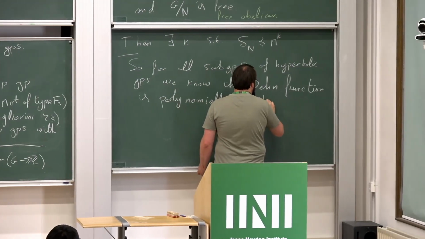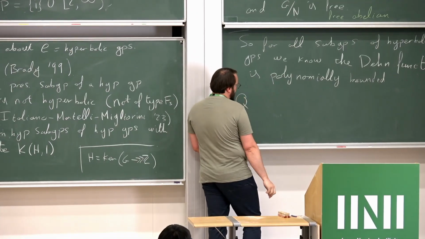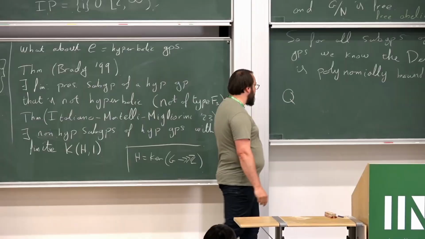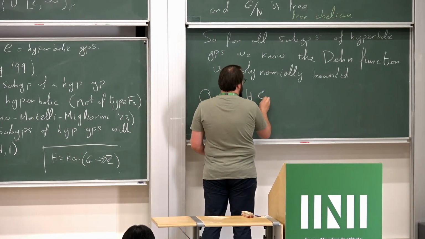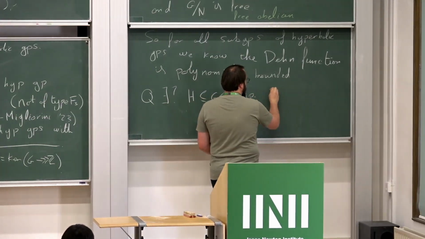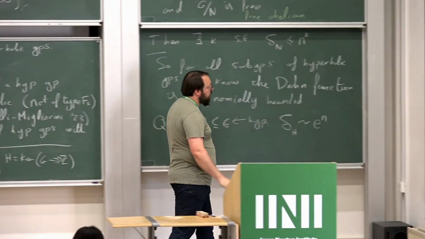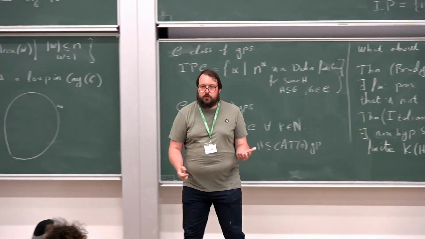And so in fact the question that I'd really like somebody to be able to say something about is, does there exist H a subgroup of G, G hyperbolic, where the Dehn function of H is exponential? Right? Can you find some subgroup with exponential Dehn function?